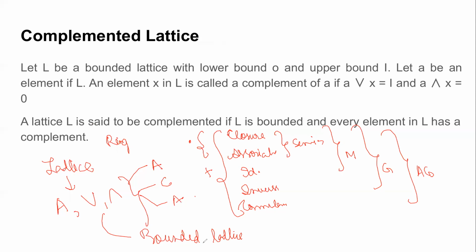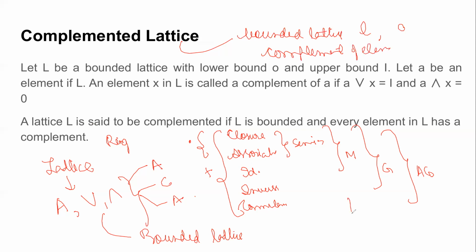Now I'll come to the complemented lattice again. When do we define a complemented lattice? For a complemented lattice, the first important thing is that the lattice should be a bounded lattice, which means there should be an upper bound and a lower bound for it. Before I define a complemented lattice, I need to define the complement of an element.